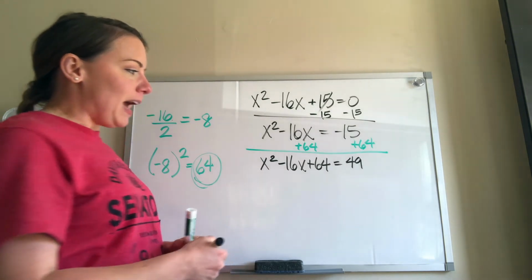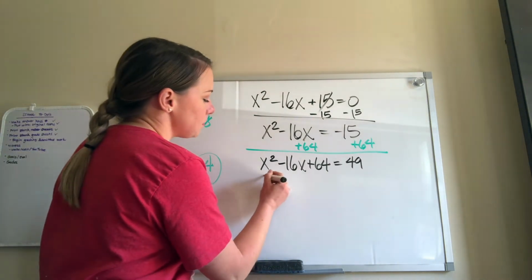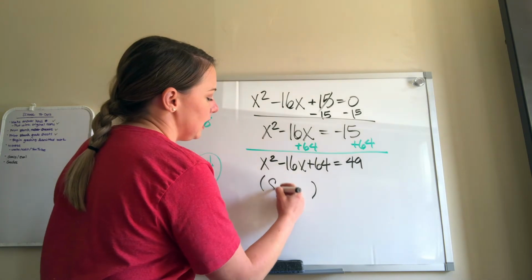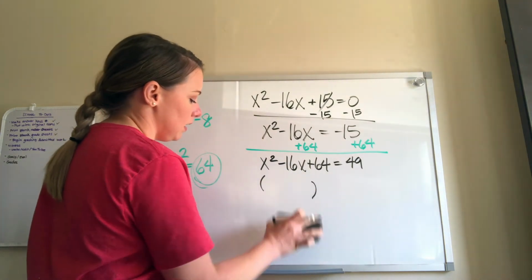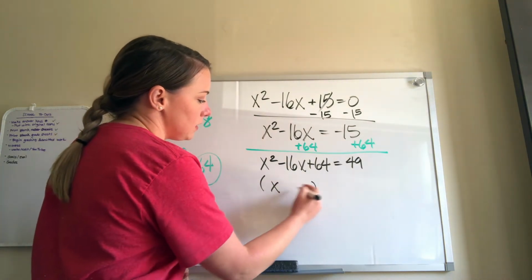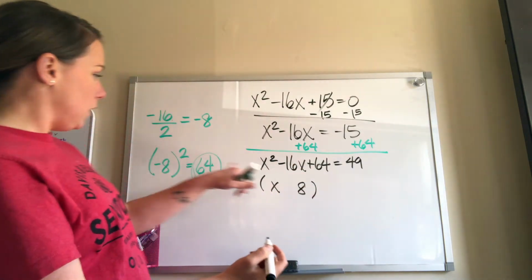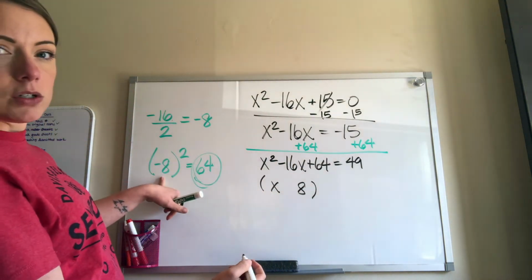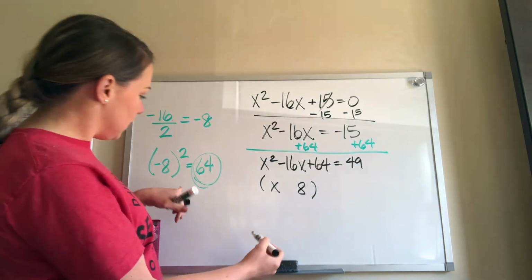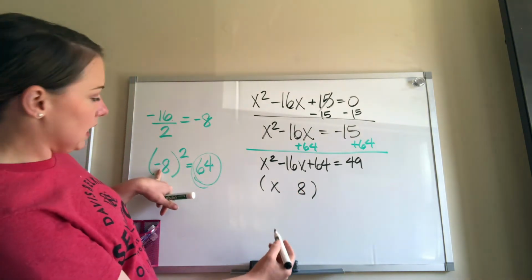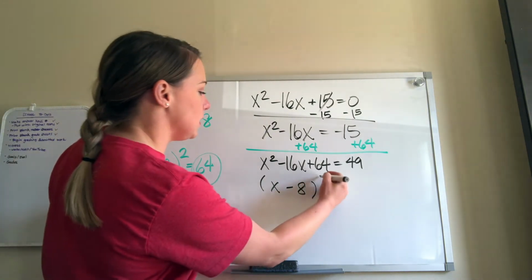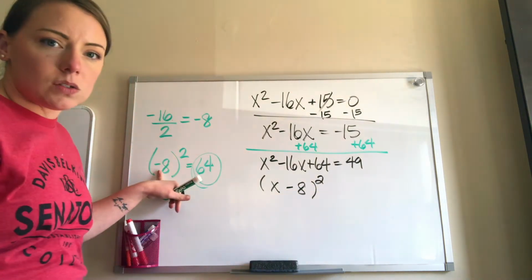So we can factor the left side by saying, not 8, I have x and I have 8 because we should already know that the square root of 64 is 8. We just used that, right? But I have a negative 16, which means I have a negative 8, and then I square that binomial.